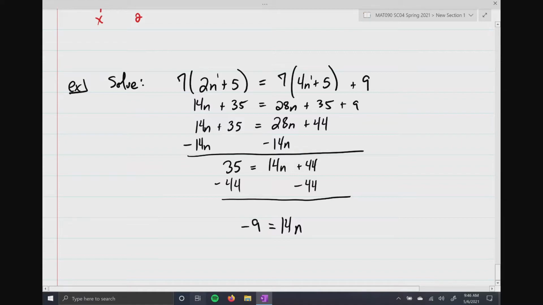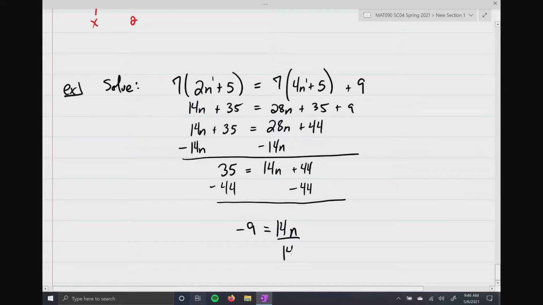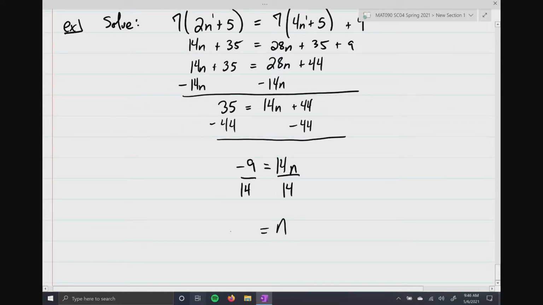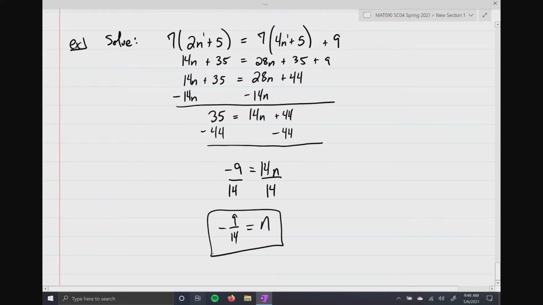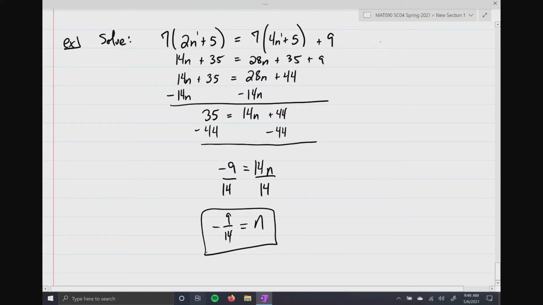And then my last move, step 5, divide both sides by the number in front of the variable. Okay? So this entire problem all started with a simple question, and that question is, what type of problem do I have?